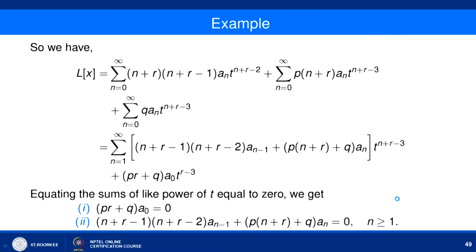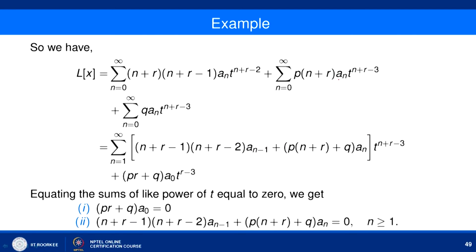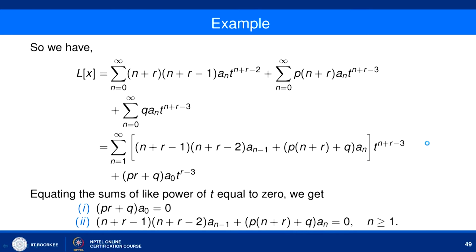We have summation n plus r into n plus r minus 1 a n t to the power n plus r minus 2, plus summation p into n plus r a n t to the power n plus r minus 3, assuming b is equal to 2, and in the last term summation q a n t to the power n plus r minus 3, assuming c is equal to 3.